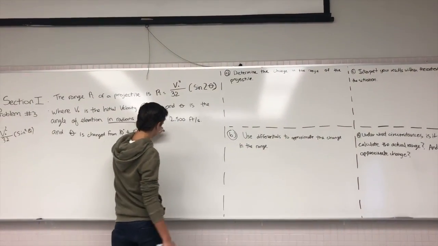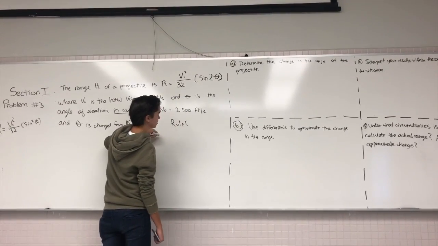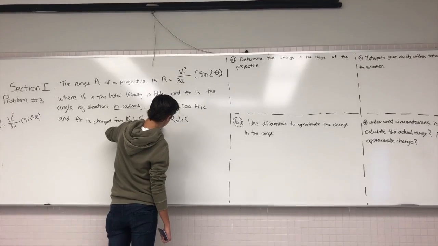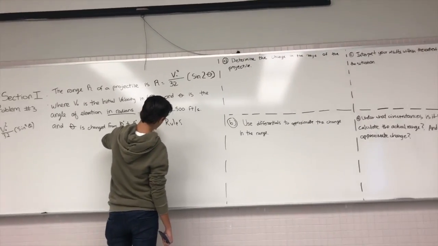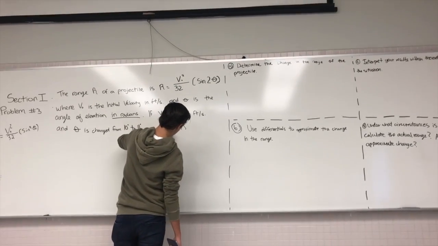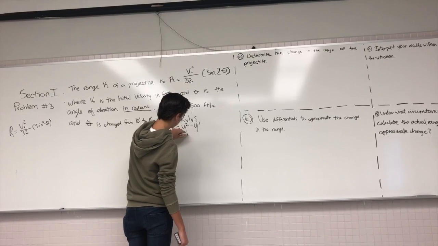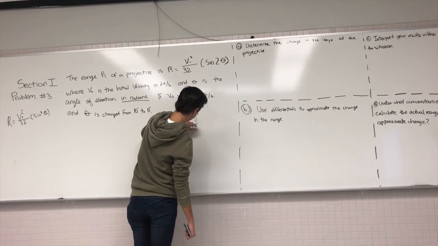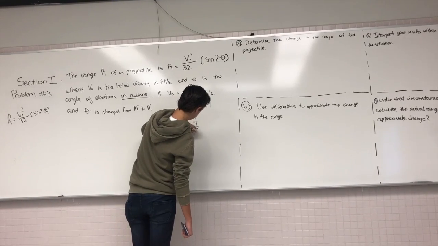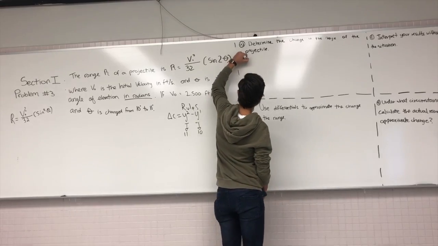The rule for getting change is delta, that is y2 minus y1. We will use y2 as 11 and y1 as 10. So I will put the formula here.